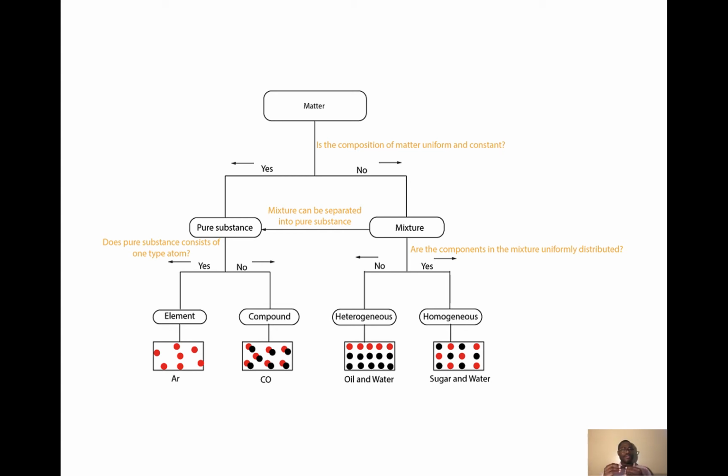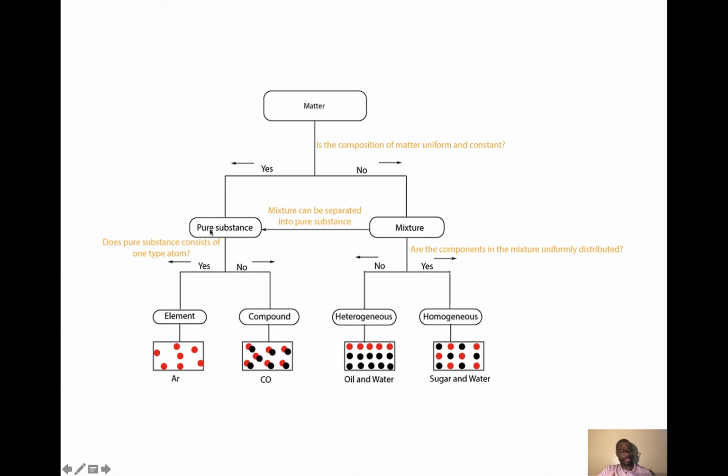If you sample anywhere in the solution, there is no guarantee that you will get the same concentration of water and sugar molecules, or water and salt molecules. So we normally say a mixture has no fixed composition. If the composition is uniform and constant, then you are dealing with a pure substance.